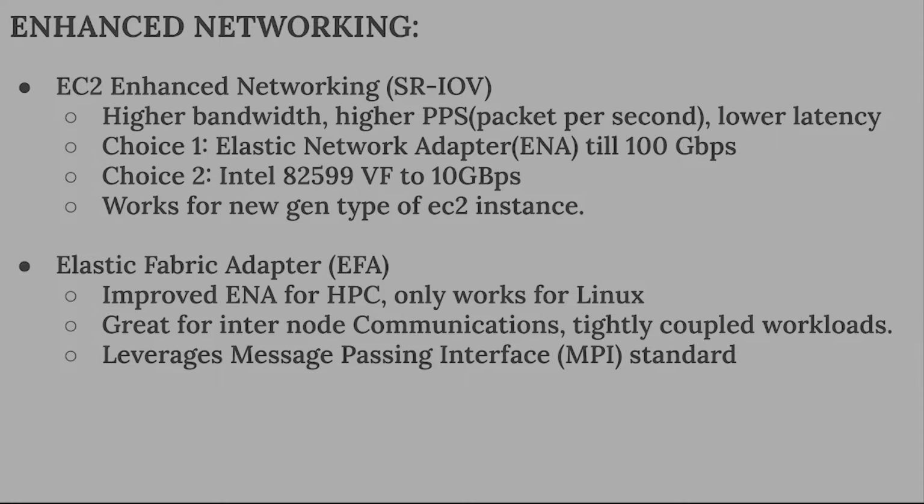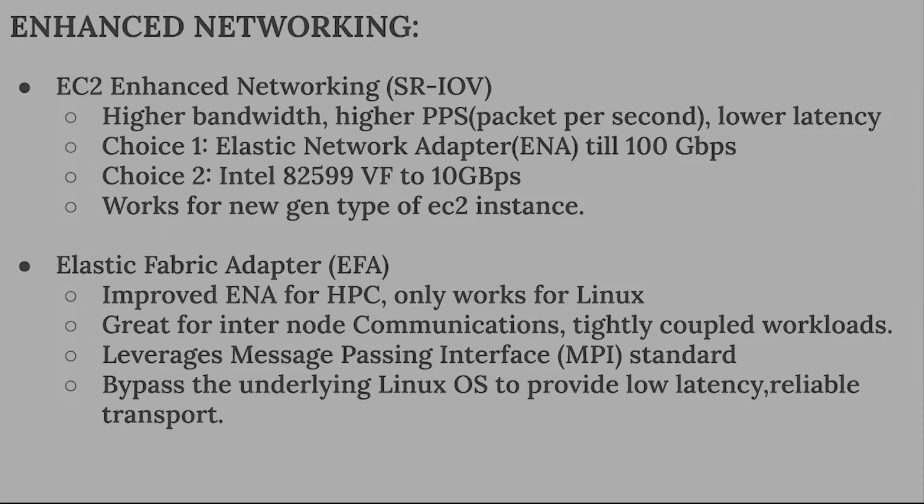And the idea is that Elastic Fabric Adapter has higher performance because our EC2 instances are talking with one another, and so it will bypass the underlying Linux OS to provide low latency, reliable transport. So this is all we have for theory.